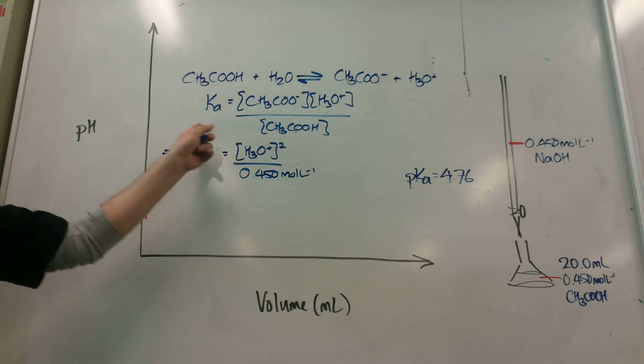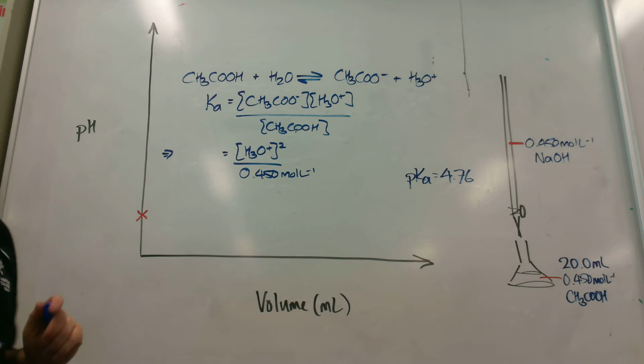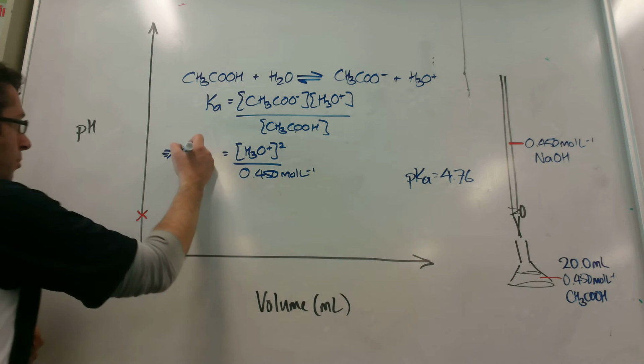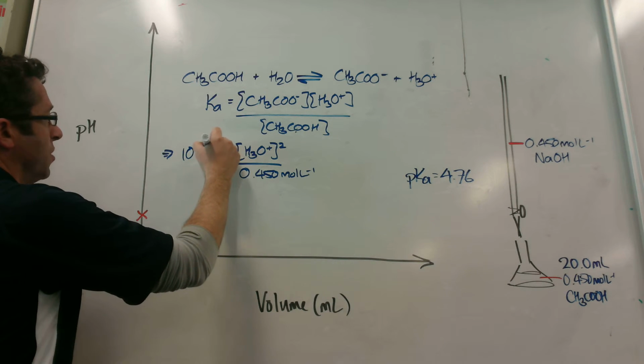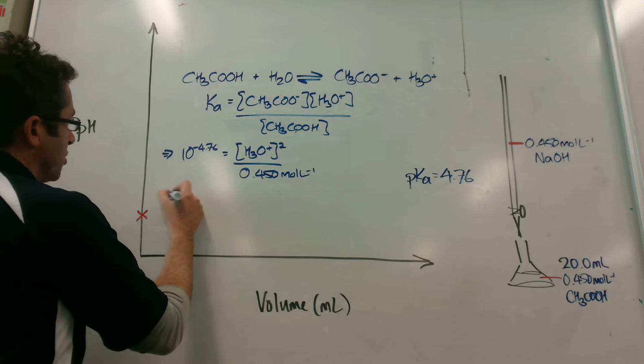Cool. And I actually know my Ka by manipulating this number here. What would my Ka be? 10 to the negative. Brilliant. 10 to the negative 4.76. Okay, and we can type that in our calculator, it just isn't a valid number. We rearrange this to find our hydronium concentration.